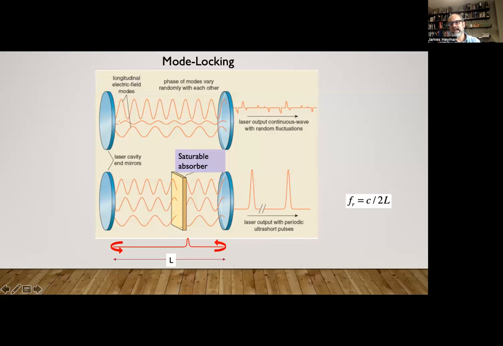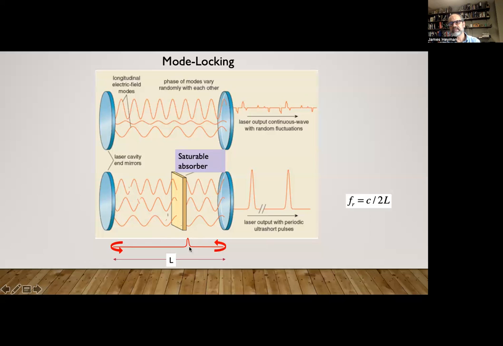So compared to the background light, the light in the more intense pulse will get amplified more, or it'll get amplified and there'll be less loss. So when it hits the end mirror and comes back through again, this process will repeat and the pulse will get amplified even more compared to the background.